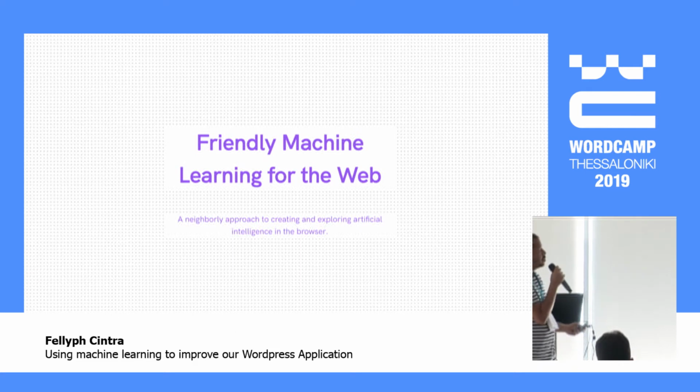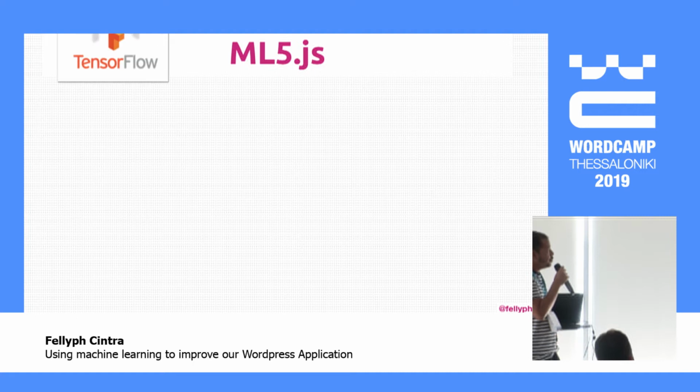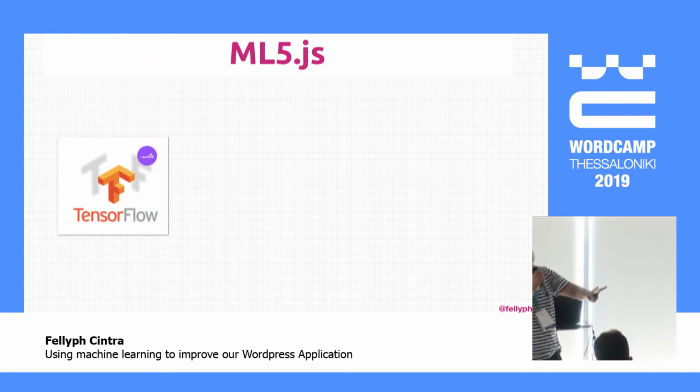ML5, as I mentioned before, is friendly machine learning for the web. If you go to the website, we mainly write in JavaScript, and it's made over TensorFlow. TensorFlow is made by Google, and it is lower level than ML5.